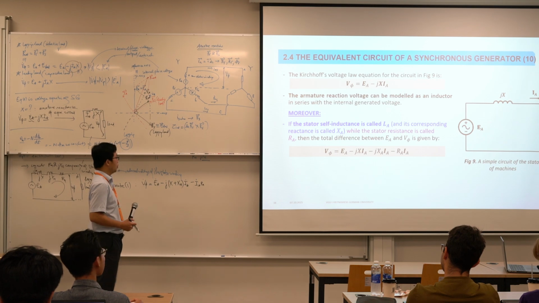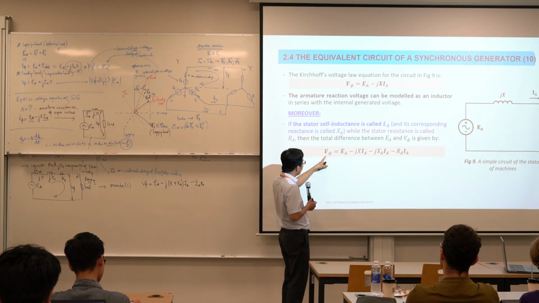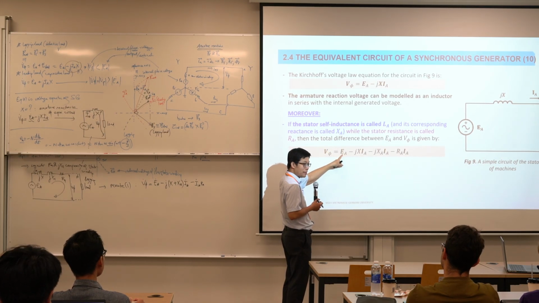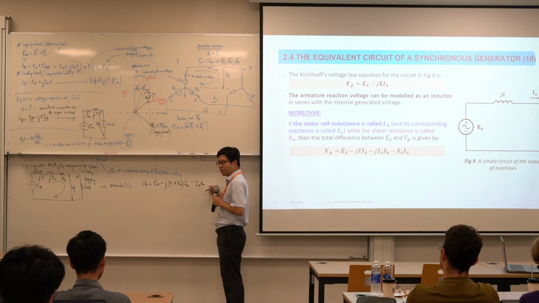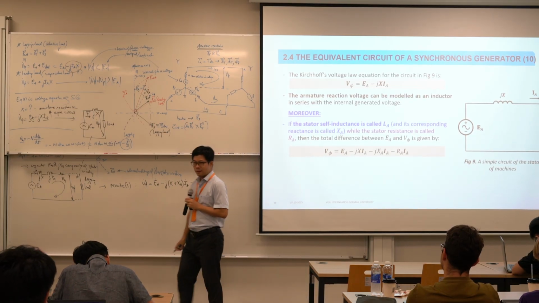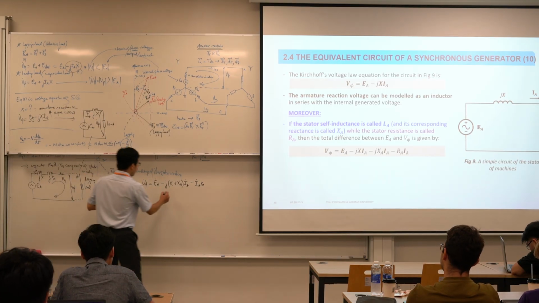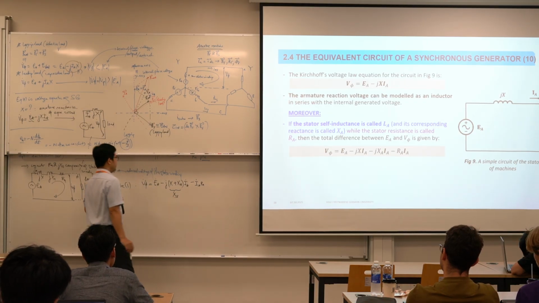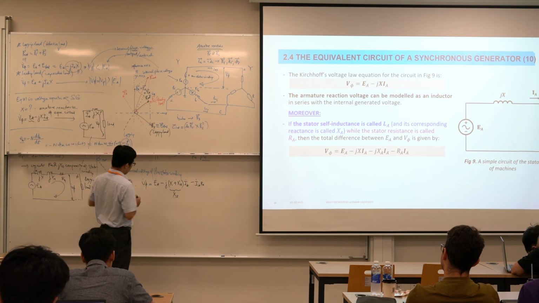Here they don't use the dot because they use phasor vector representation. Remember, phasor means vector representation. I use the dot. We discussed yesterday, right? So here, for simplicity, I say here is XS. Again, X is armature reactance.